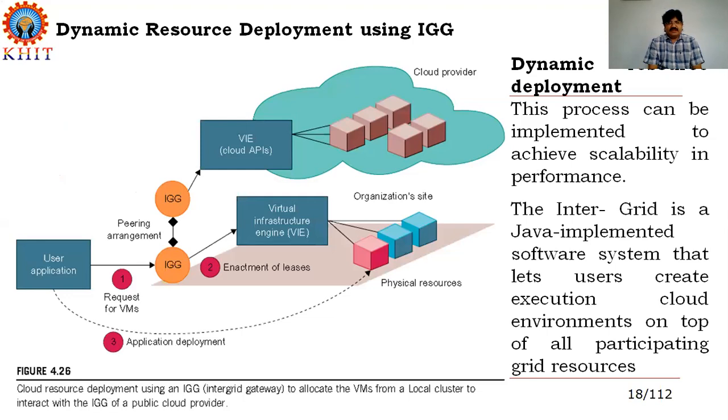Next, we will see the architecture of cloud resource deployment using an integrated gateway. We have a cloud application, and I want to host it in the cloud. Let us discuss this diagram once again. Suppose an end user or customer has a developed application and wants to host it in the cloud.